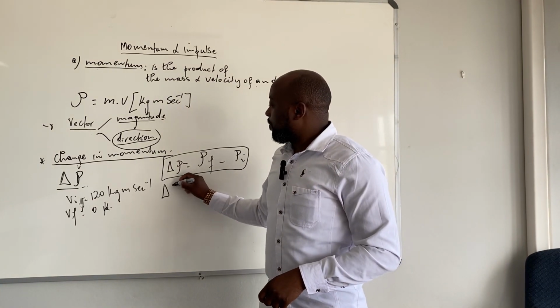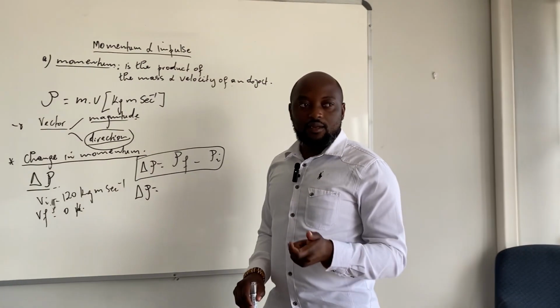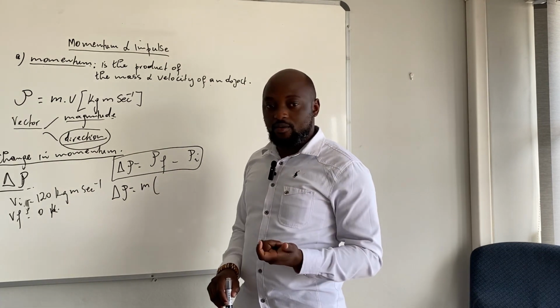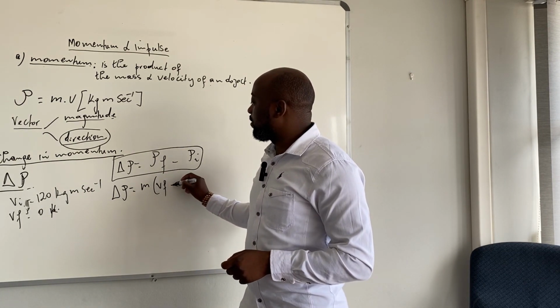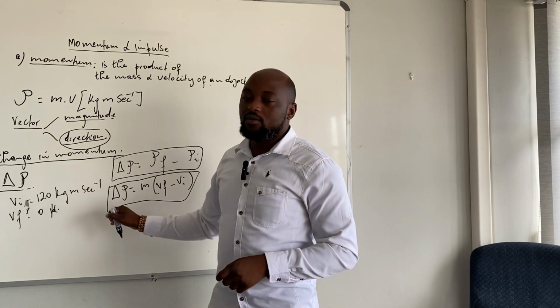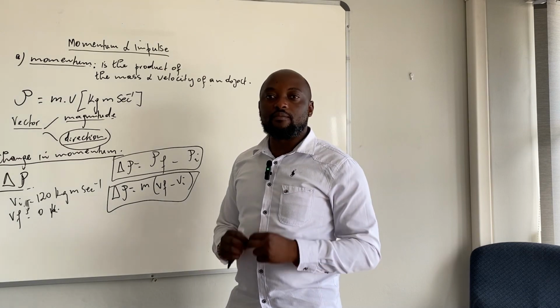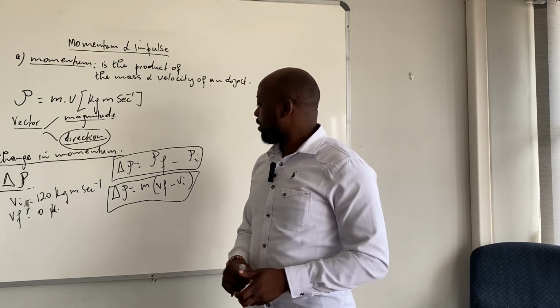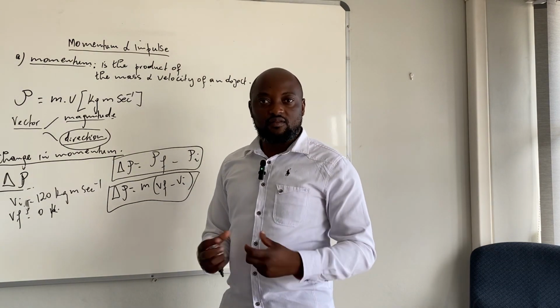So in terms of application, change in momentum equals mass, you can say open your bracket, final velocity minus what? Initial velocity. We use this equation because the mass of your object is always going to be constant. What changes is your velocities.